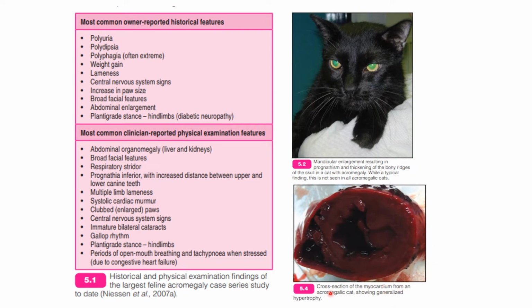Again, this is due to an increase in excess growth hormones, and because a function of growth hormone is protein accretion, hypertrophy of muscular tissues, as shown here, for example, of the myocardium, is inevitable in such cases.